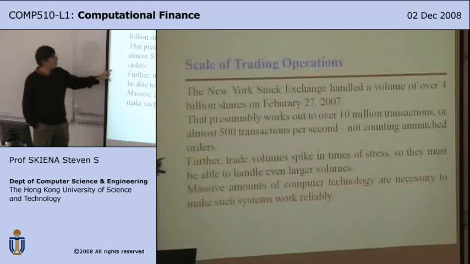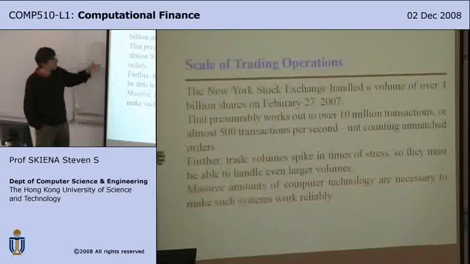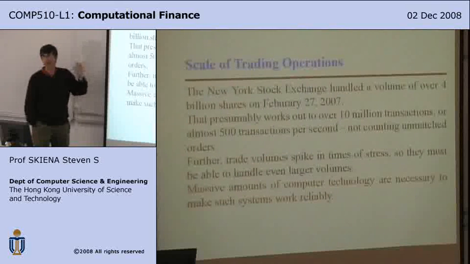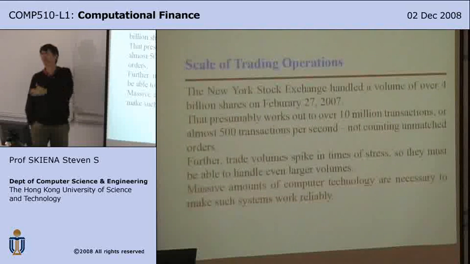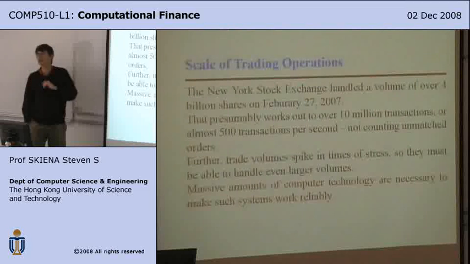The point is that there's a tremendous amount of computing and network infrastructure in this business. That's the important thing to see here. A lot of the stuff that we've been talking about this semester, maybe you'd say, oh, it's the mathematics, or oh, it's business.